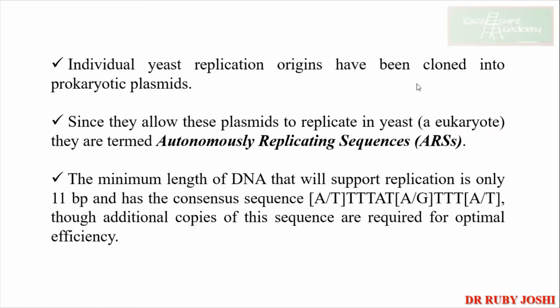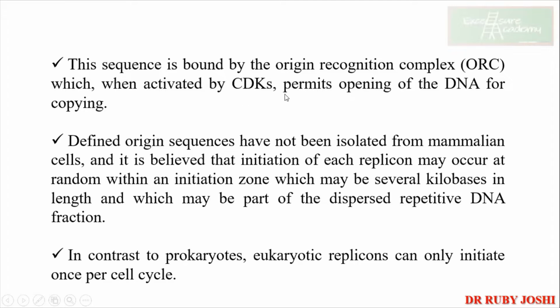Okay. So now the sequence is bound by the origin recognition complex. कौन सा? जो हमने अभी शुरू किया है, ARS. Okay, origin recognition complex. So these are the proteins which will come slowly and bind to the entire ARS. ठीक है? And the entire thing will finally be known as the replisome. Okay, we'll come to that.